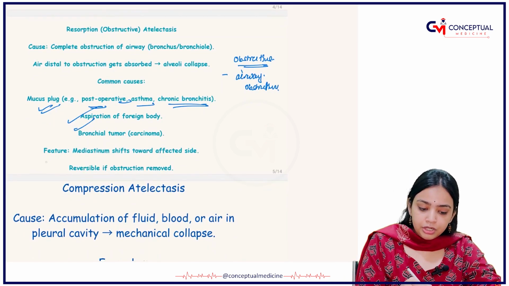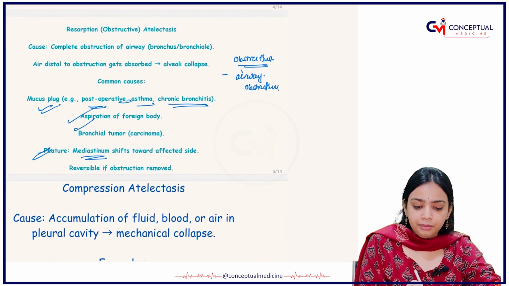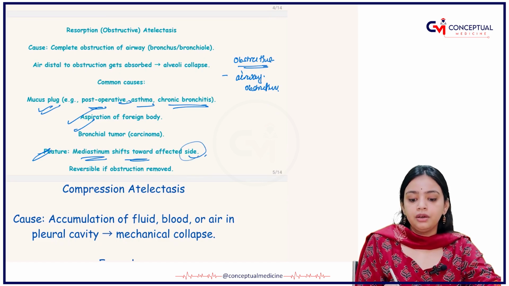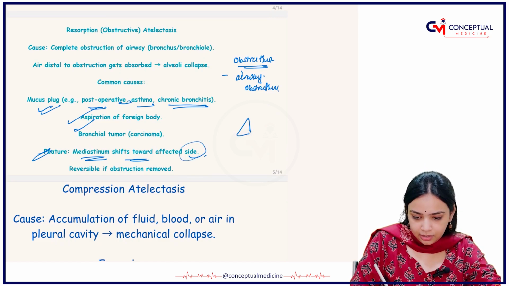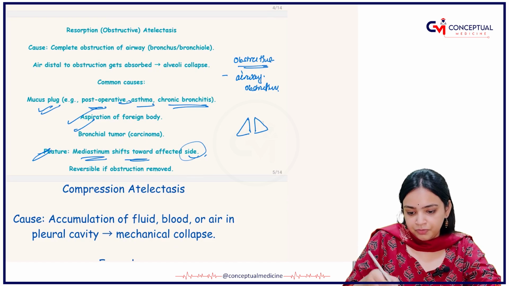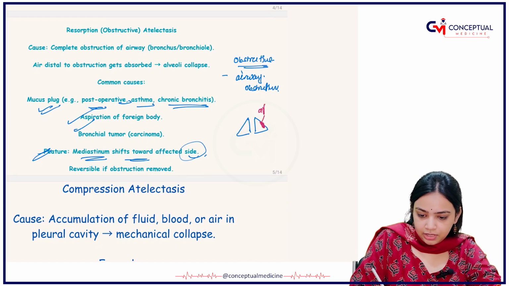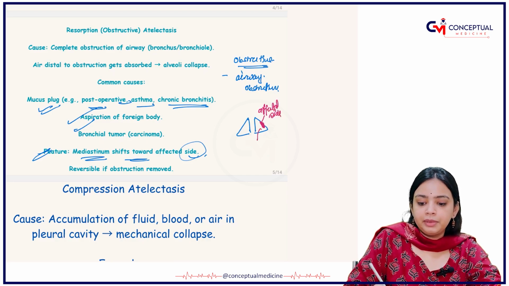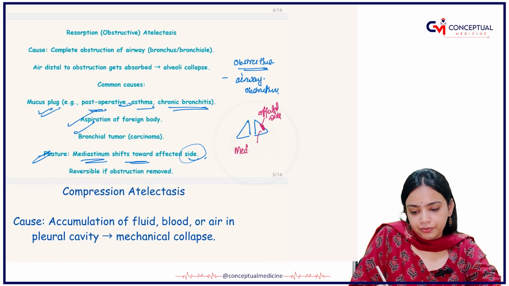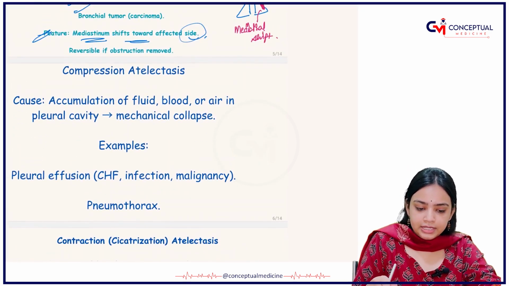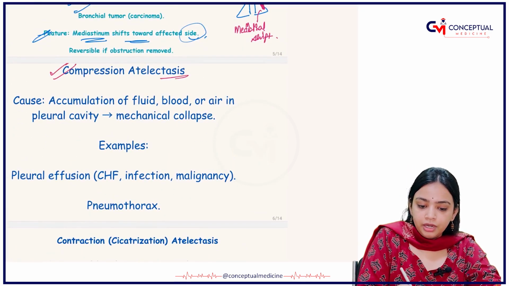There can be a bronchial tumor. The feature is a mediastinal shift towards the affected site. If I draw the lungs like this, and this one is your affected site, there will be a mediastinal shift towards the affected site.